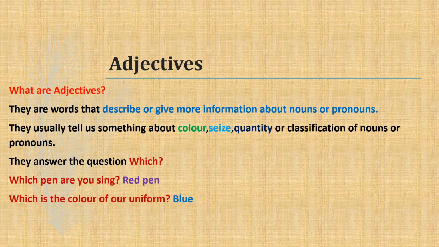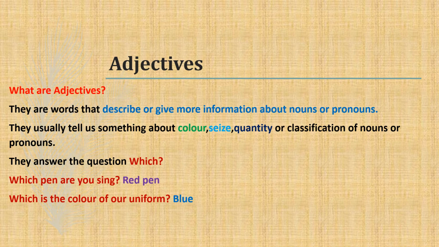These adjectives usually tell us something about color. So they can give the color of something like the uniform. For instance, some of you, when you were describing the picture earlier, maybe gave the color of the uniform the students were wearing. Adjectives can also give the size of something that they are talking about.